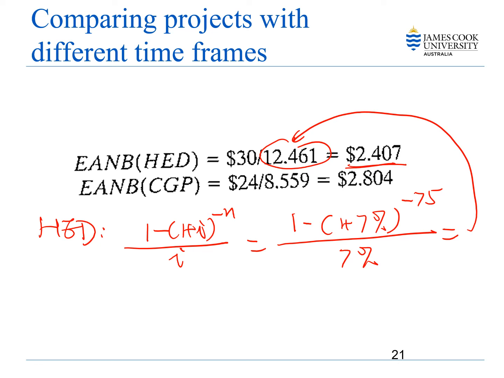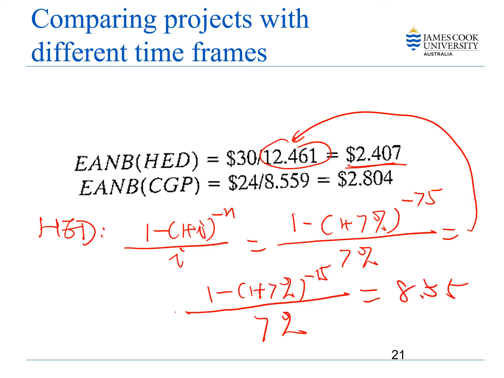Similarly, the annuity factor for the cogeneration project is 1 minus 1 plus 7% raised to the power of negative 15, divided by 7%, which is equal to 8.559.